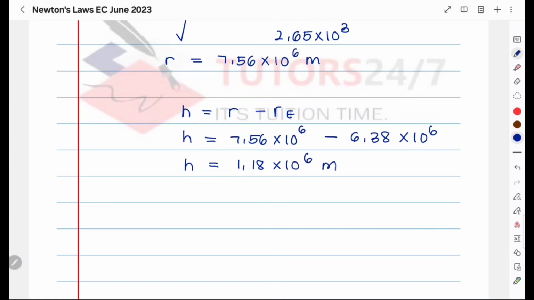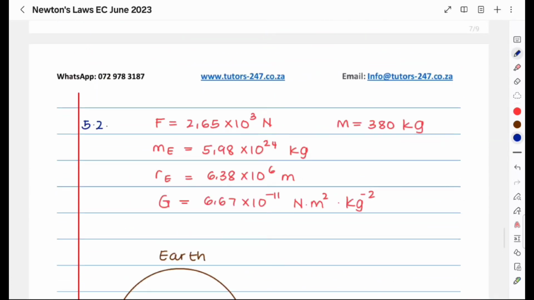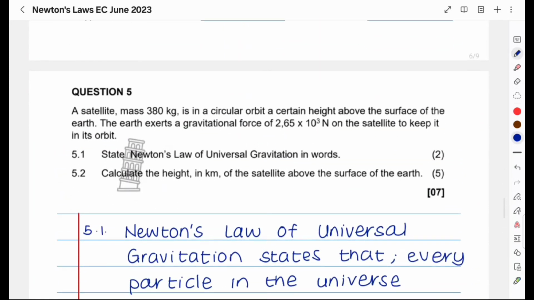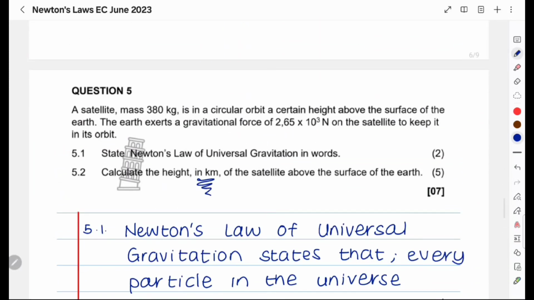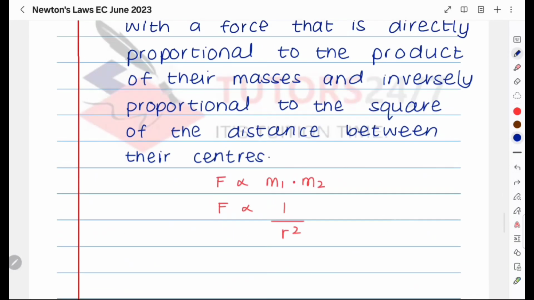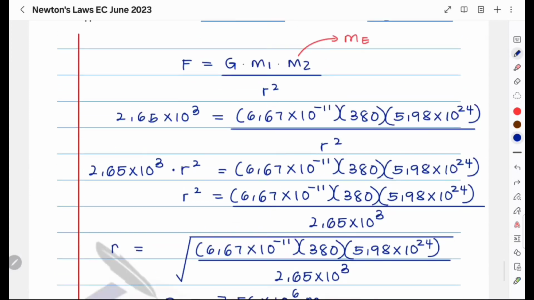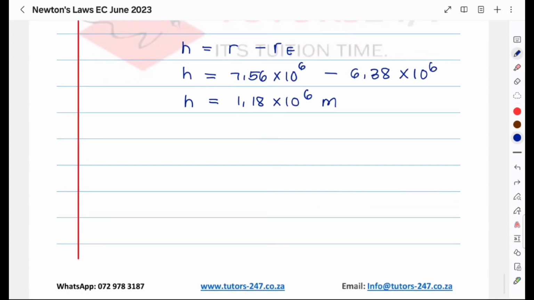Please take note that this answer is in meters, not kilometers. The question, if you remember, stated that we need to leave our final answer in kilometers. So to convert to kilometers, we are going to divide by 1,000.